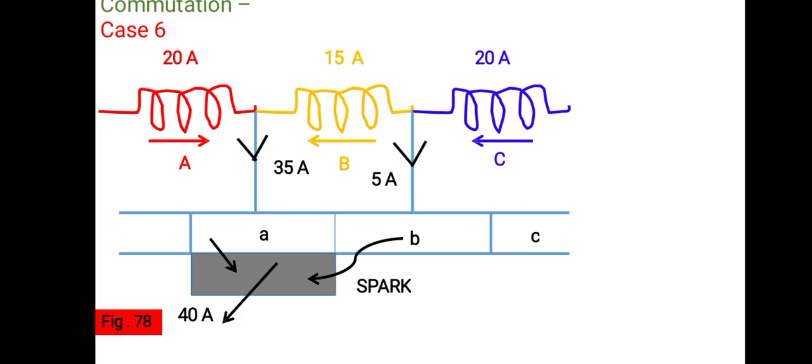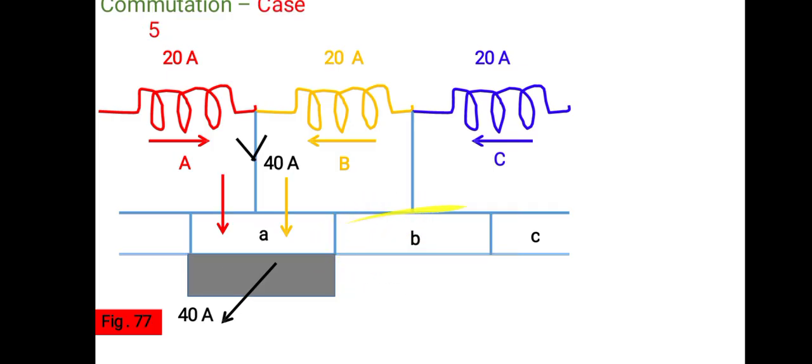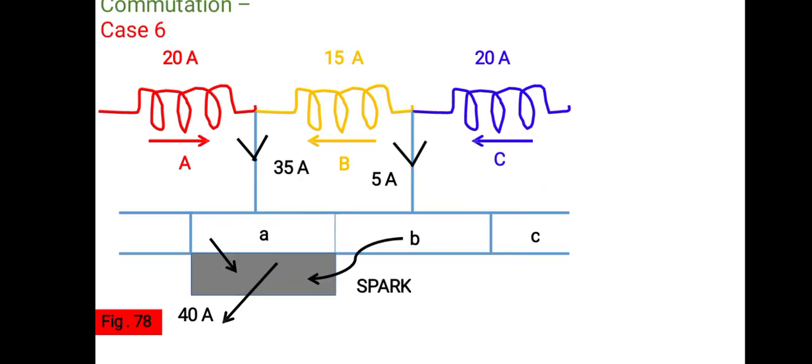And there may be a spark of 5 amperes or some amount of current during poor commutation. If that reversal is not proper, we call it poor commutation.